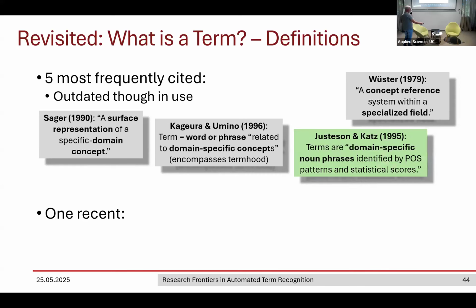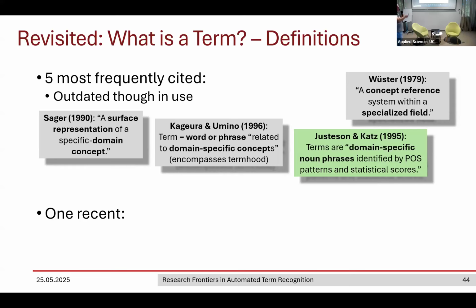There is an outlier here, which is more linguistic. Justerson and Kurtz in 1995 wrote that terms are domain-specific noun phrases identified by pause patterns and statistical scores. They were the early advocates of rule-based hybrid methods.